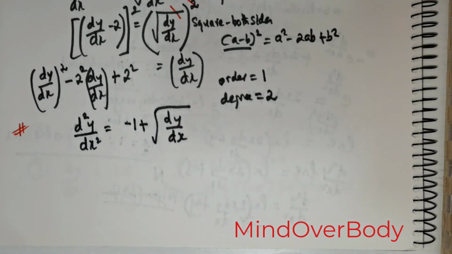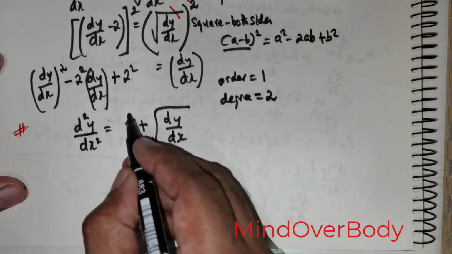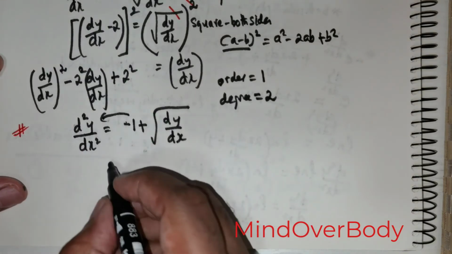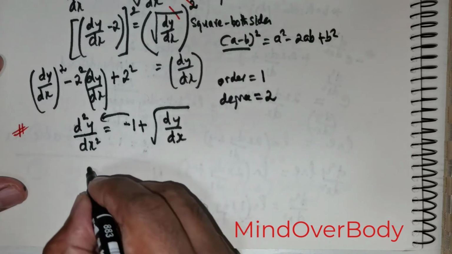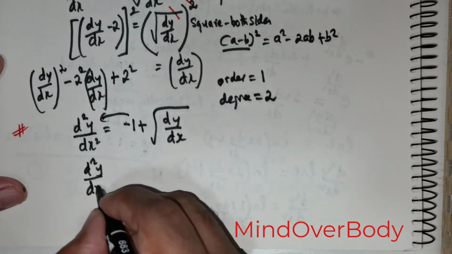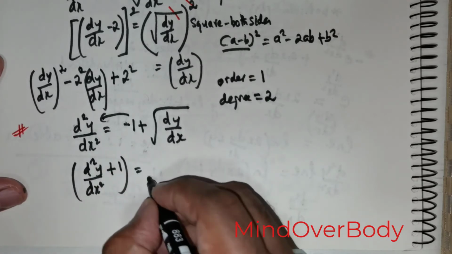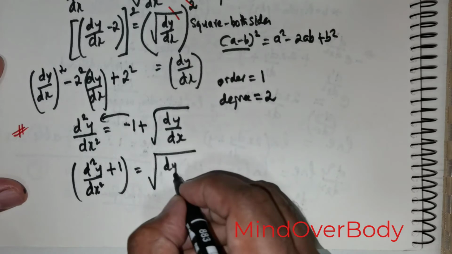Now as I mentioned to you, we will have to make sure that the required differential equation is in polynomial form. So I would have to move this negative 1 to the left hand side. So that would mean I now have d squared y over dx squared plus 1 is equal to the square root of dy over dx.